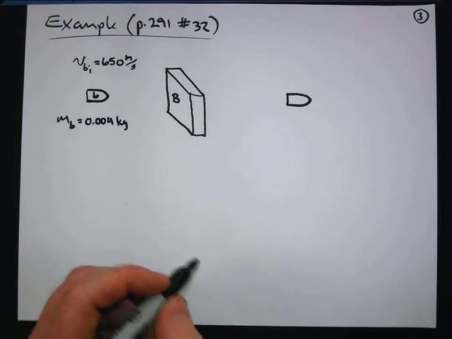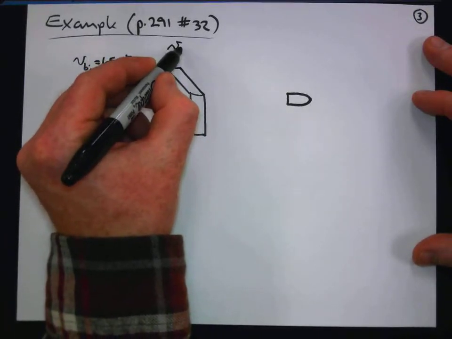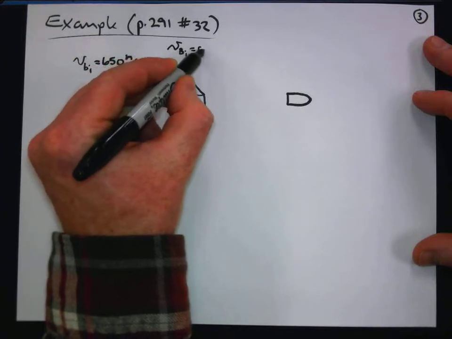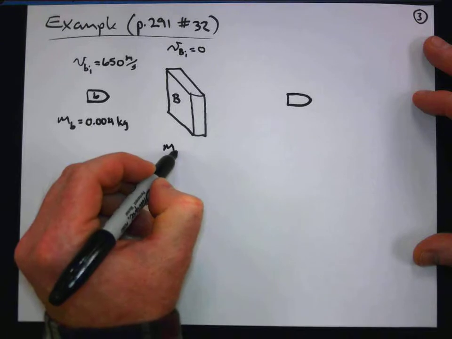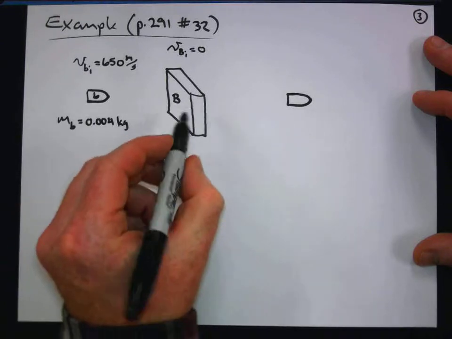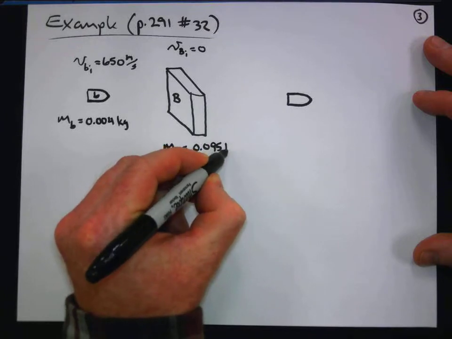We are given the initial velocity of the block to be 0. It's at rest. We're given the mass of the block to be 95 grams, or 0.095 kilograms.